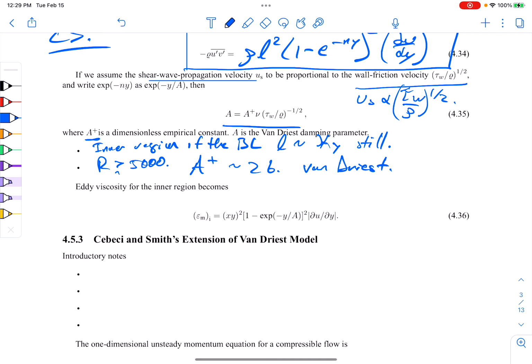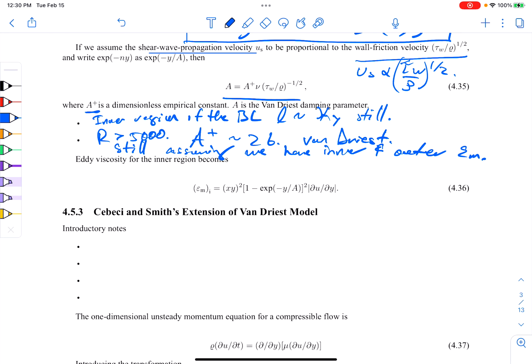And we're still assuming we have inner and outer eddy viscosities. So we still add in the same similar factor here to this inner eddy viscosity. Let that be kappa. That's my error, x instead of kappa. Okay.